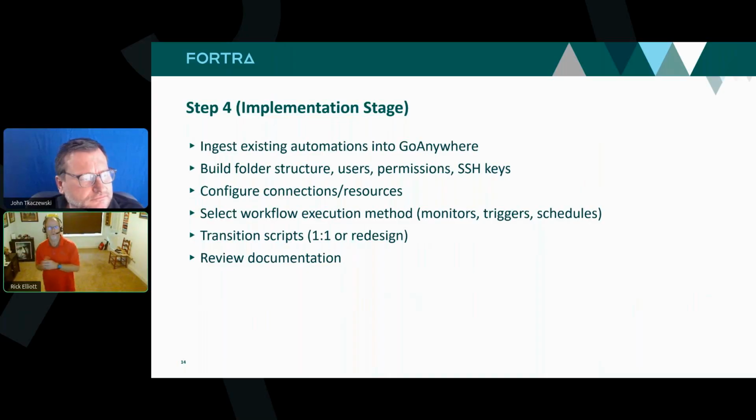And again, that's what your decision has to be on this implementation side: what do I need to do to move forward? The nice part about GoAnywhere is that resources, meaning FTP servers, SFTP, mailboxes, WebDAV, ICAP, databases, all of these things are what GoAnywhere determines as a resource.